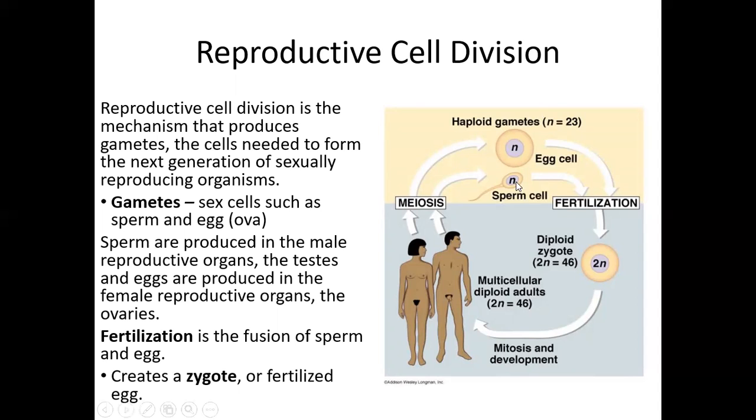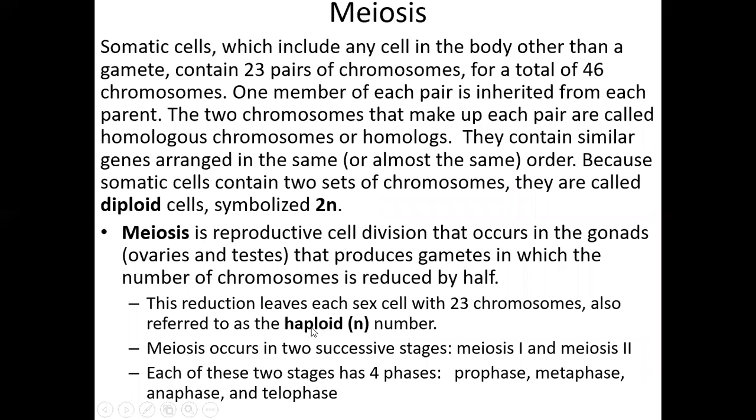Unless we're talking about sperm or egg, which are described as haploid. Those are cells that are produced through meiosis, which I mentioned is a fancy way to describe reproductive cell division occurring in the gonads.